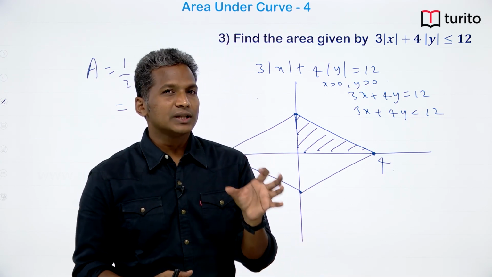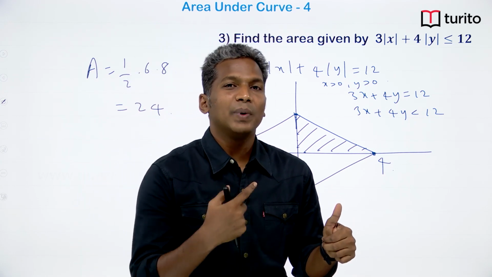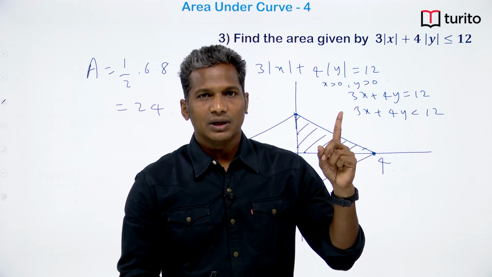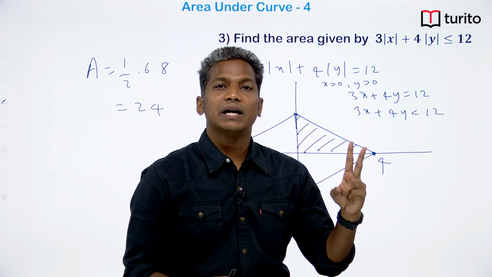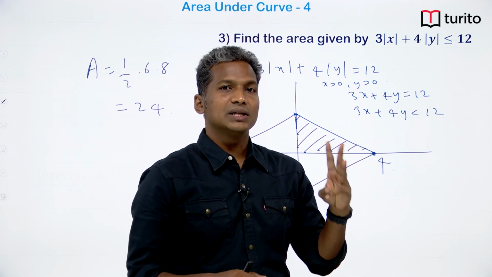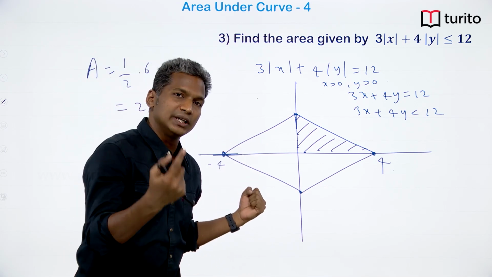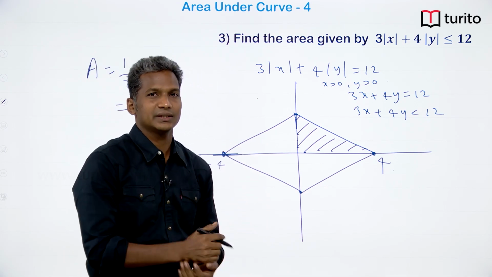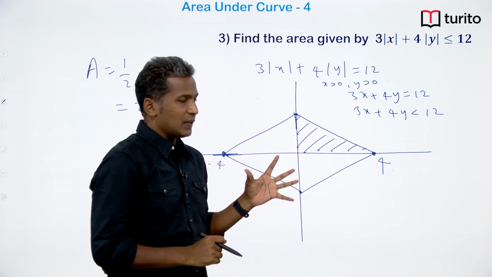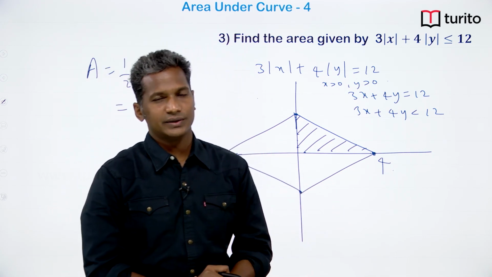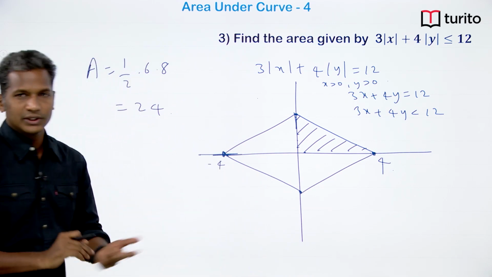So what are the functions which actually compel us to not go for integration? Modulus function, greatest integer function, and fractional part function. These are the special functions which give us answers without integration. So that is why whenever these functions come, try to rely mostly on the graphs. Okay. Come on, make a note of this.